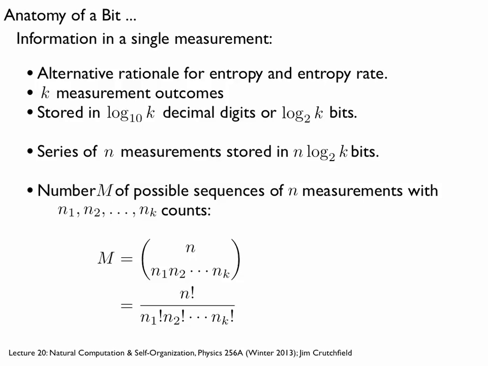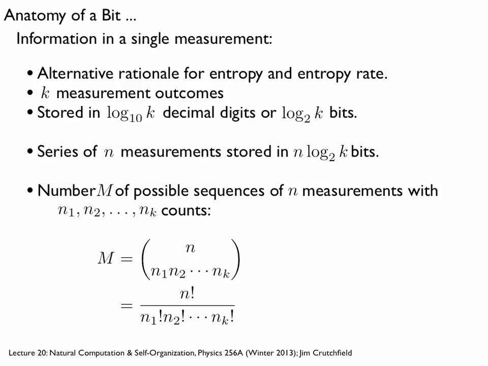I could have used this to introduce entropy way back when, in the very first chapters of Cover and Thomas. Back then, entropy and entropy rate were introduced by way of this axiomatic formulation. A measure of information should have these properties, and then we derive the formula. There's another way to look at what the entropy of a random variable is.